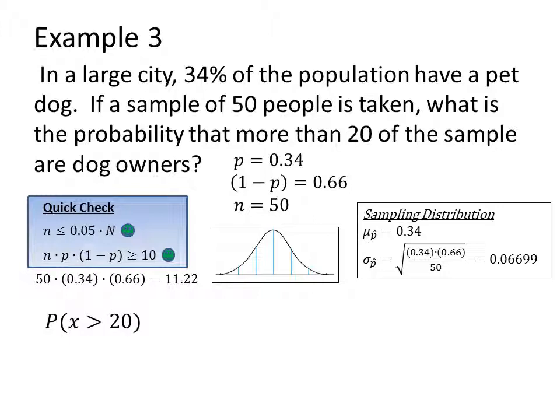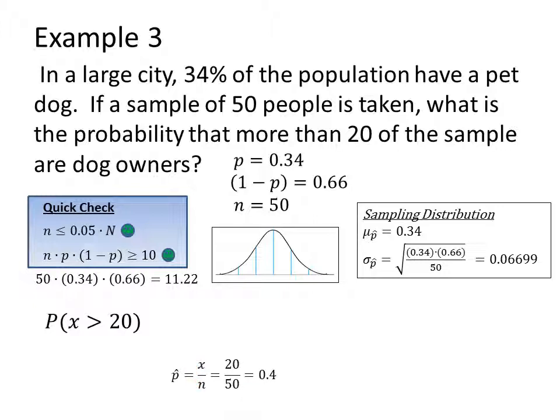So finding the area to the right of 20, if we want to know the probability that more than 20 of the sample are dog owners, then we would say we want to find the probability that x is greater than 20. Now, what we need to do is change this into a proportion, and so we would simply take the number of people we have in question divided by the size of the sample.